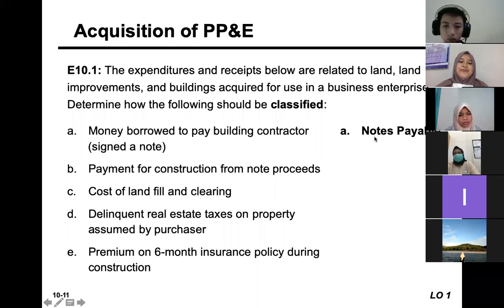Dara. Payment for construction from note proceeds. Dara Salsabila, where are you? Yes, Miss.